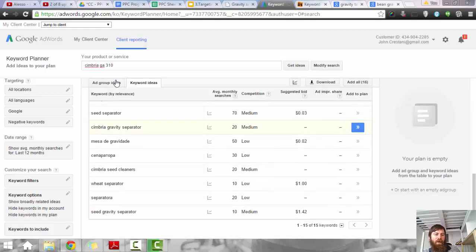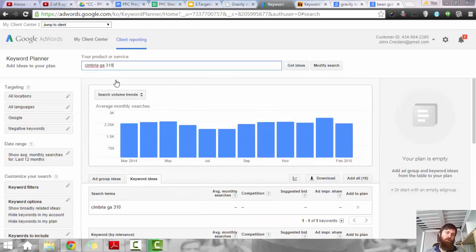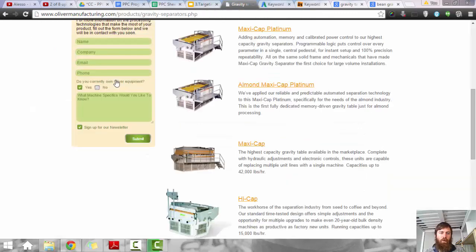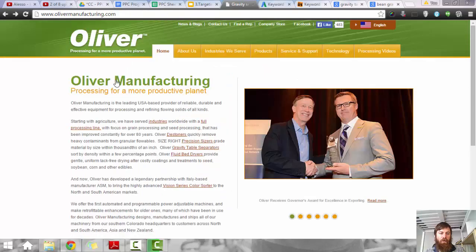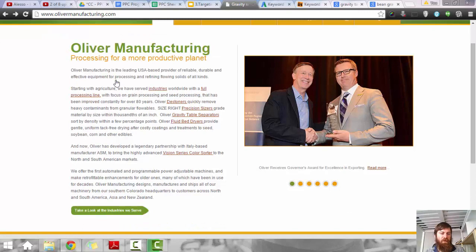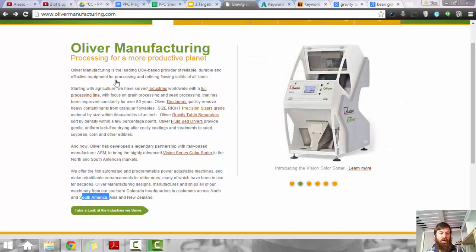We may actually be limiting ourselves, because one thing I noticed when looking at their keywords was that they manufacture in the US, but they sell all over the world. It says South American markets, Asia, and New Zealand. North America, South America, Asia, and New Zealand. So maybe that's where you want to target.